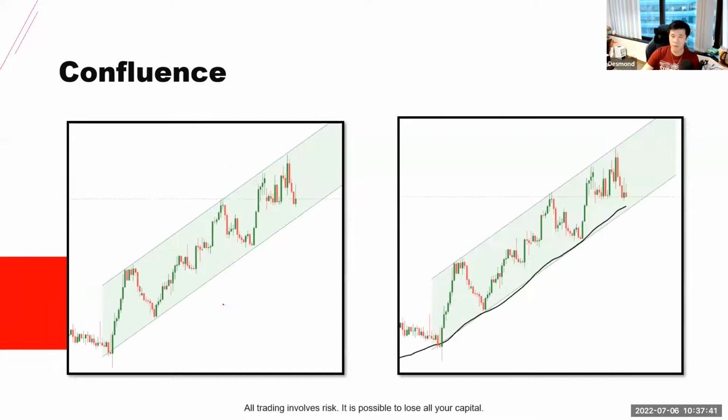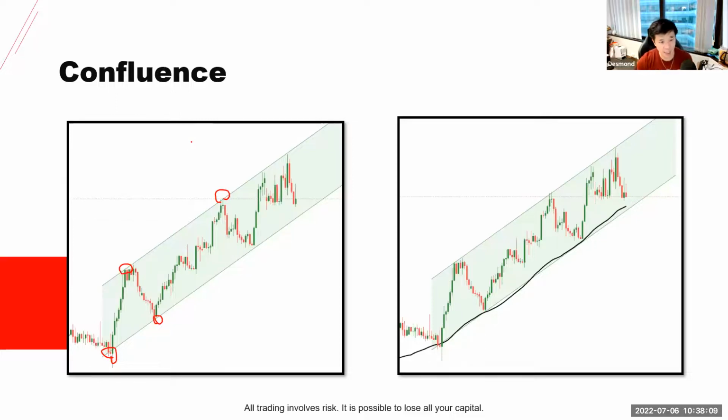Now I do want to show you this concept of confluence. This is a chart you can see over here. It's a channel. You got one touch, two touch, three touch, four touch. Yes, correct, use the channel more as a gauge of the trend.